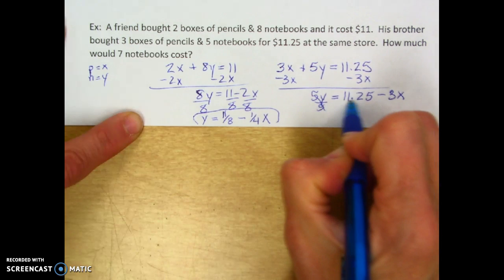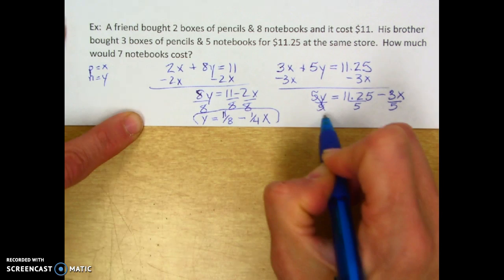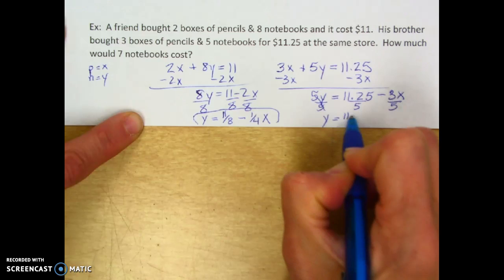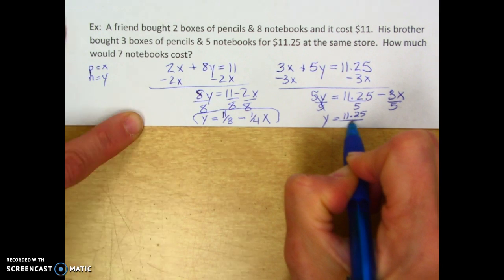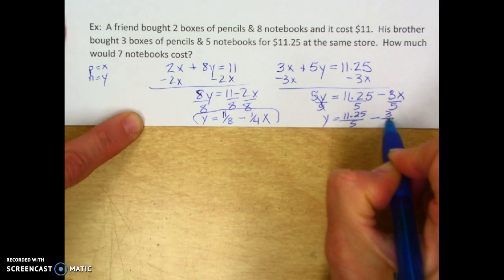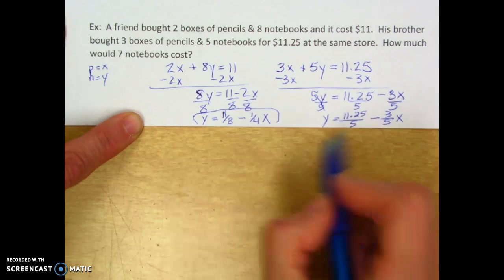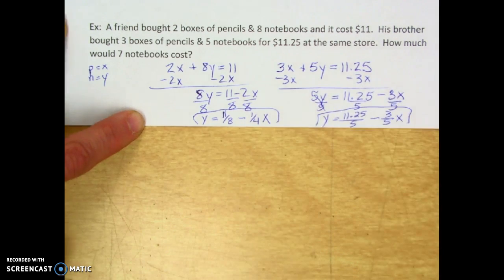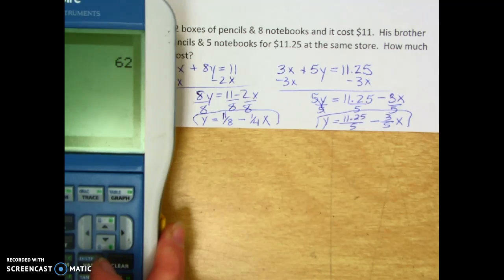Divide by 5. And nothing really simplifies. So 11.25, you could divide that by 5 and get a number. 3 divided by 5 is going to be a decimal. So that will be our second one that we put into graph.